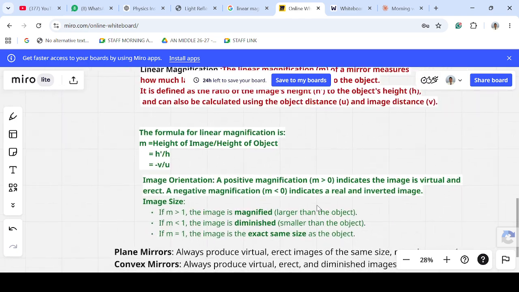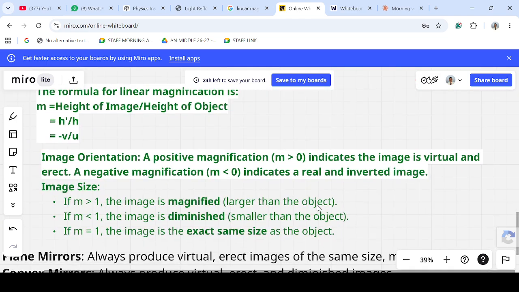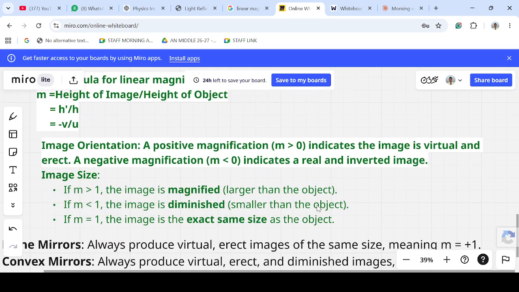And these are the key points regarding the image orientation. Your magnification will be positive when it is greater than 0, and it will indicate the image is virtual and erect. How is the image? The image is virtual and erect.